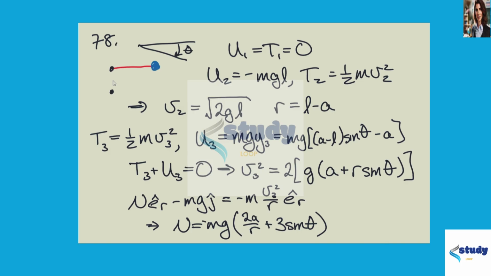The kinetic energy, when it gets to an arbitrary position over here after the cord hits the pin, is 1/2 m v3 squared. I said 3 is some arbitrary position as the bob moves through this side of the swing. The gravitational potential is m g y3, and we can figure out what y3 is using the geometry here.